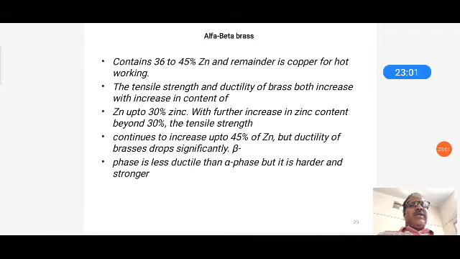With further increase of the zinc content beyond 30%, the tensile strength continuously increases up to 40% of zinc. But the ductility of brasses drops significantly, and the beta phase is less ductile than alpha phase, but it is harder and stronger, as the phase diagrams show.